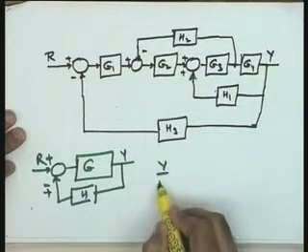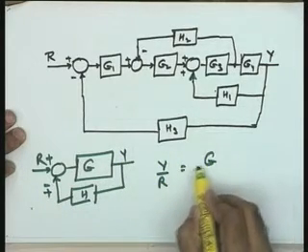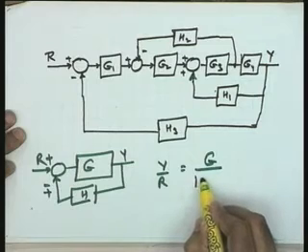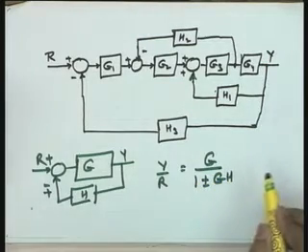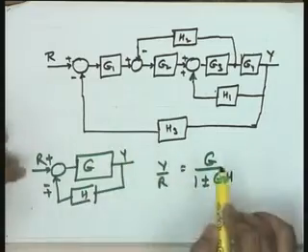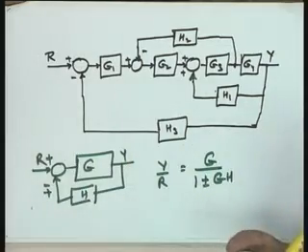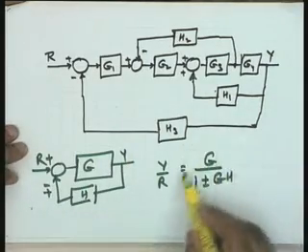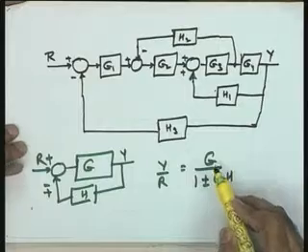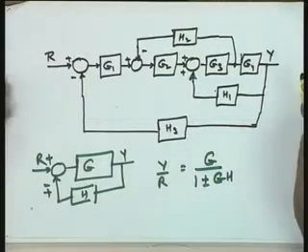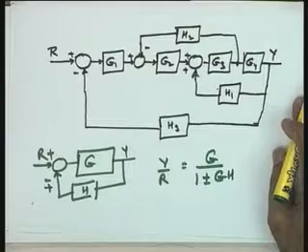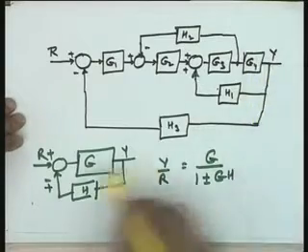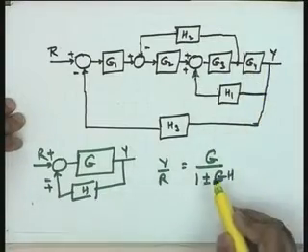I know that Y by R equals G over 1 plus minus G H. I can resolve this basic feedback loop into a single block that has this transfer function. In this particular case, unfortunately, there is no basic feedback loop, and hence immediately you cannot resolve this into a single block.